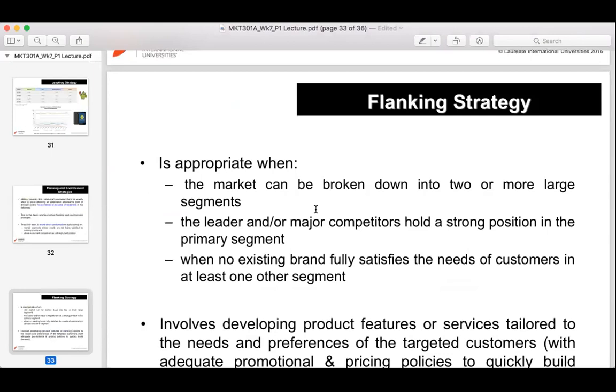In other words, there is no existing brand that fully satisfies the needs of the customers in at least one other segment. Therefore, as a marketer, your task is to open new opportunities, to identify more marketing opportunities that you can tap.